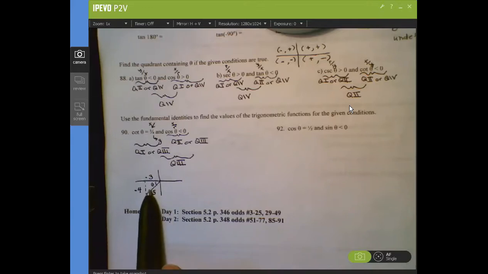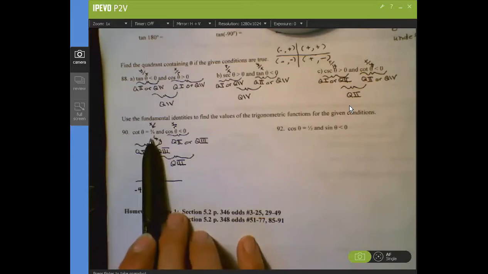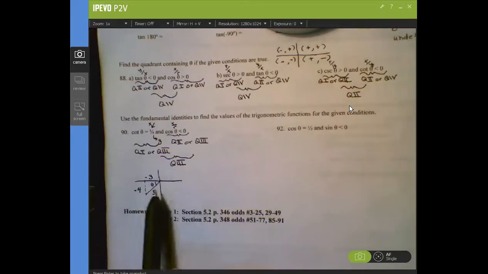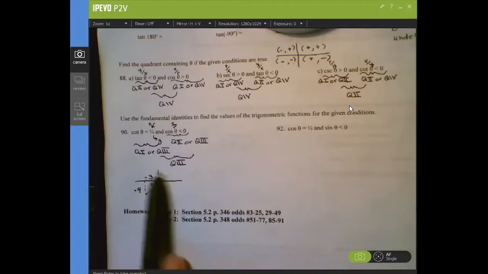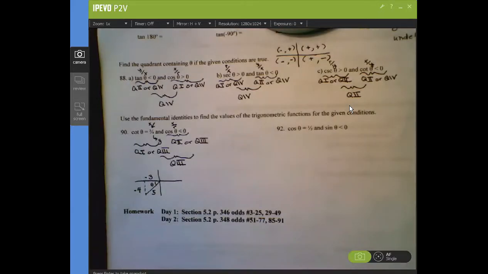Well, here's theta. Cotangent is adjacent over opposite. -3 over -4 is positive 3/4. And the cosine of my theta, the x over r, would be negative also. So I have this triangle labeled correctly.